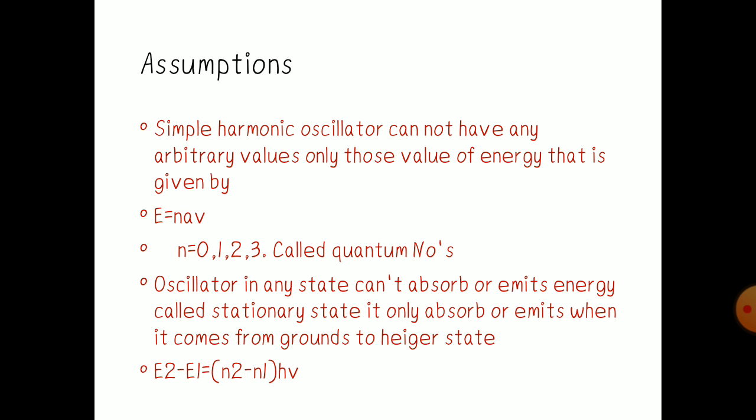To develop this quantum theory, Planck made some assumptions. Any black body, or the atoms in the wall of the black body, act as simple harmonic oscillators, vibrating about the mean position.